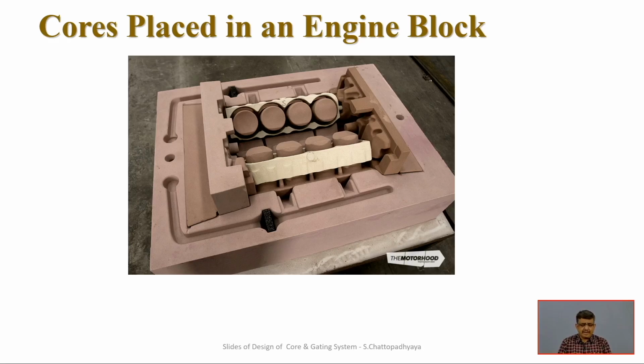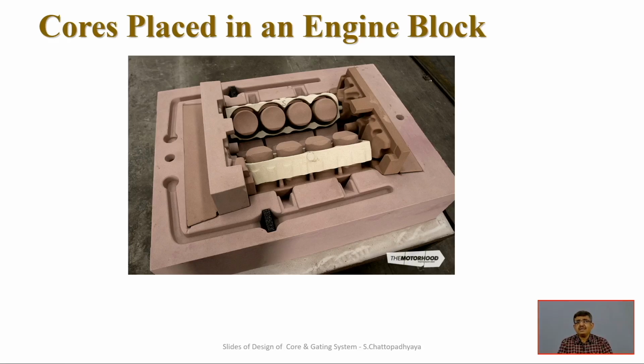Only an expert hand can do that appropriately, and after a lot of trial and error people find out the best strategies to place the core, because the engine block is such a crucial part of an engine that one cannot allow defects to creep in because of non-appropriate placement of the cores.